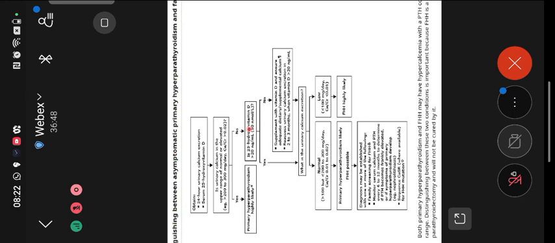But if the calcium creatinine ratio is low and the urinary calcium is also low, then we must rule out FHH.